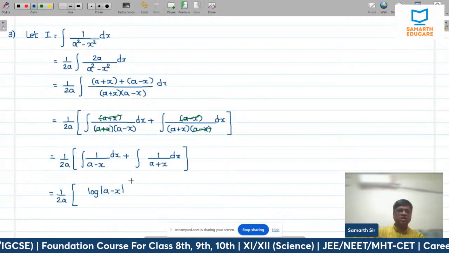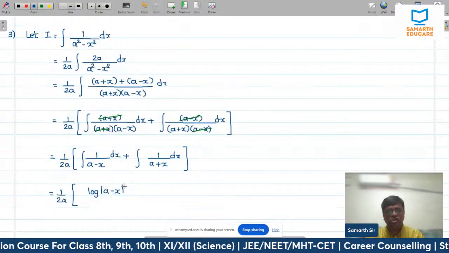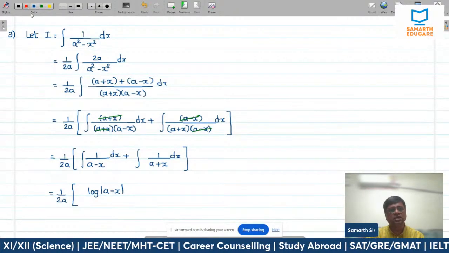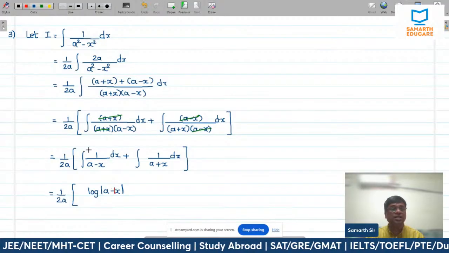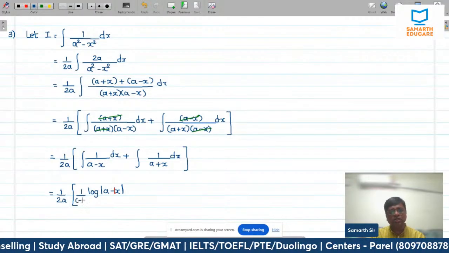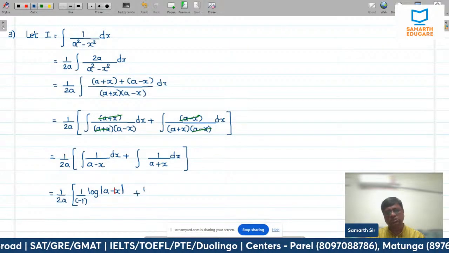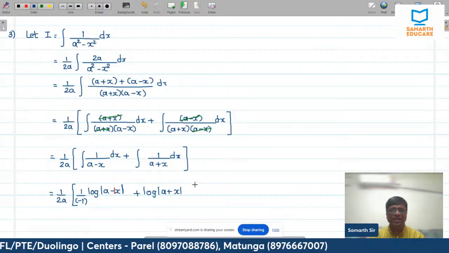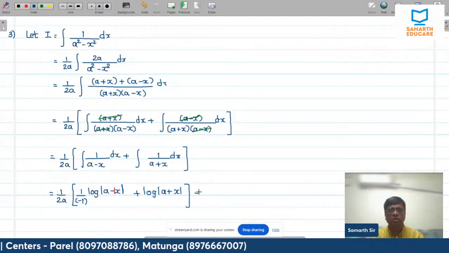Very, very, very important thing, coefficient of x, you can observe here the coefficient of x is minus 1, right? So I have to divide by minus 1, plus log of a plus x. The coefficient is 1, hence no need to do anything over here, plus c.